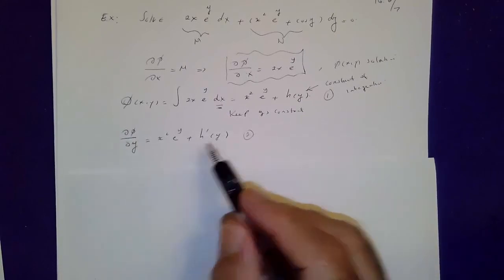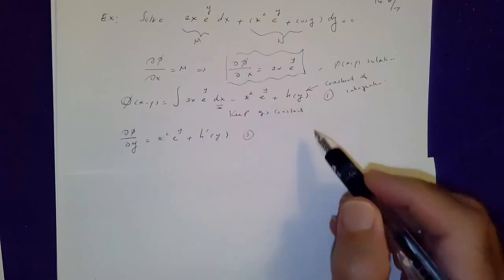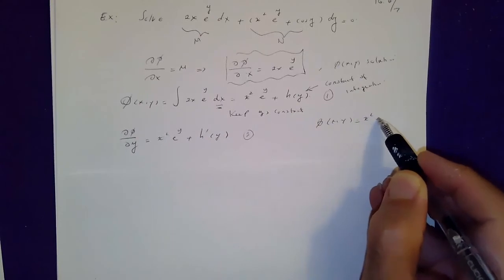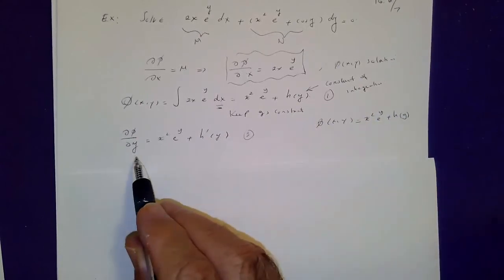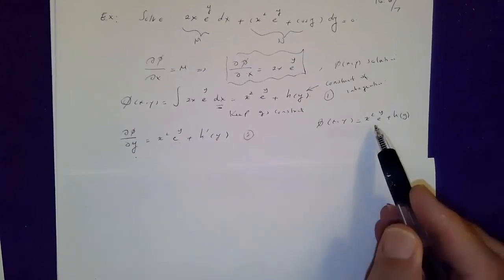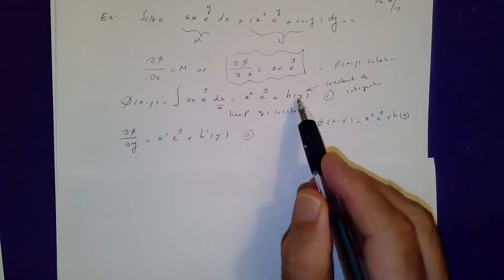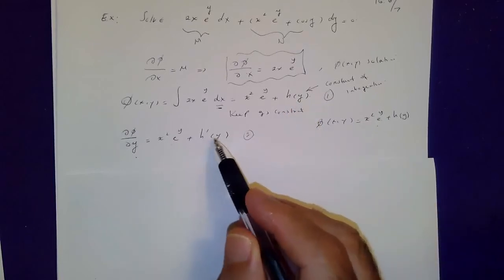Now, if we take the partial derivative of equation number 1, phi of x, y equals x squared e to the y plus h of y, with respect to y, we get x squared e to the y, because the derivative of e to the y is e to the y, but the derivative of h of y, which is a single variable, is h prime of y.